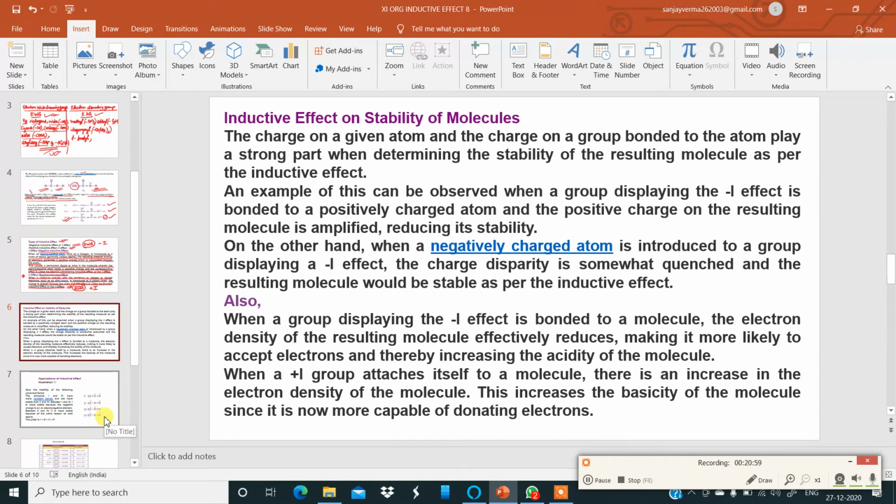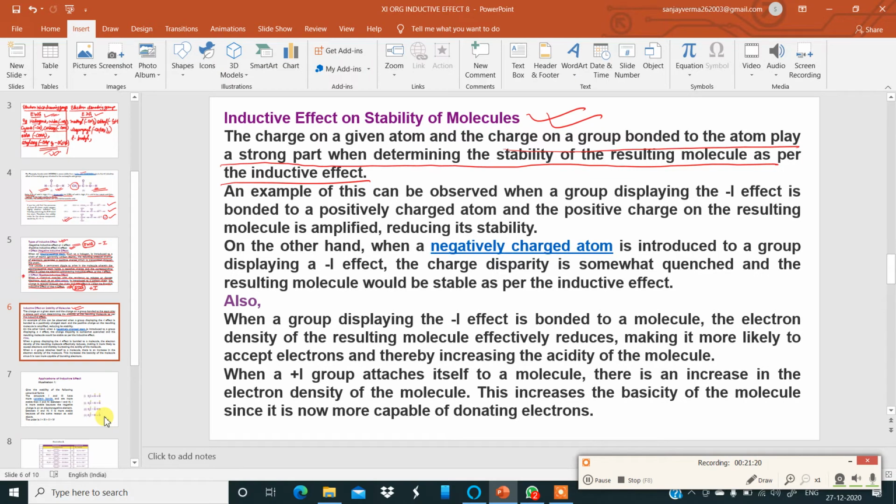Now this inductive effect has a very important role to play in the stability of molecules. The charge on a given atom and the charge on a group bonded to the atom play a strong part when determining the stability of the resulting molecule as per the inductive effect.